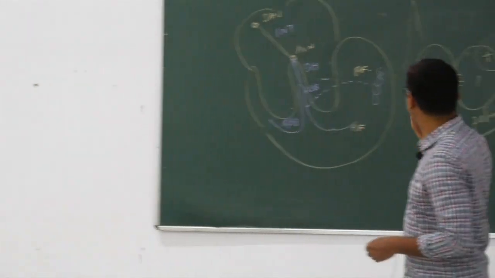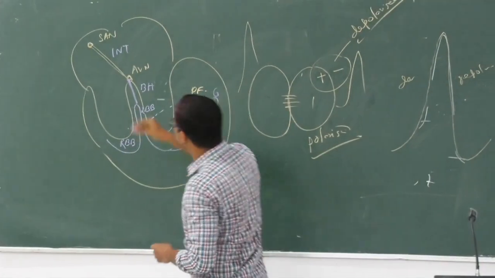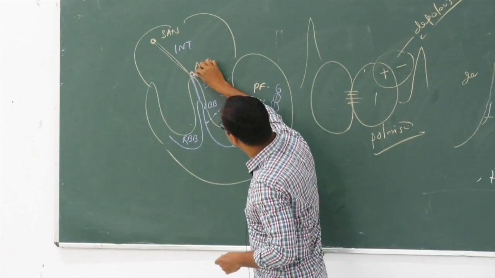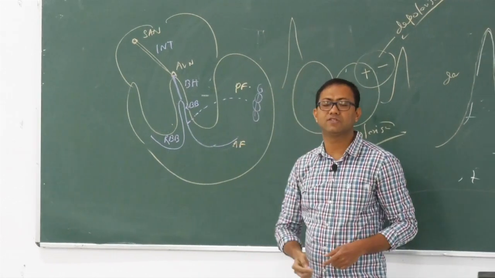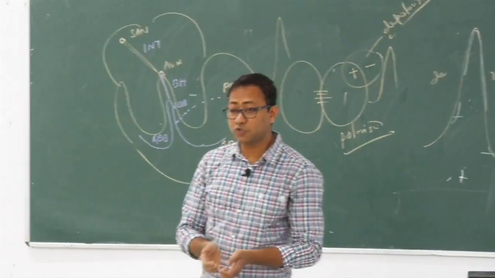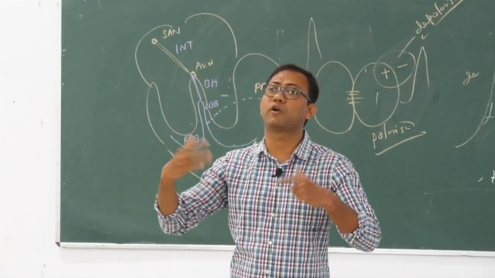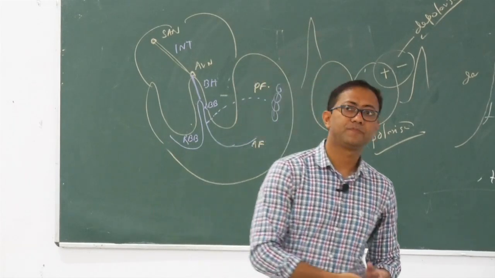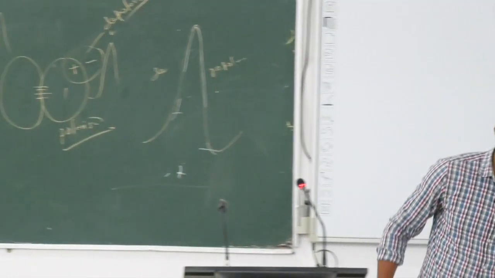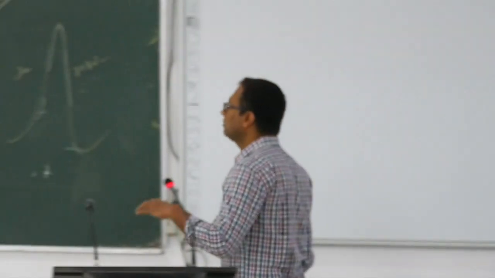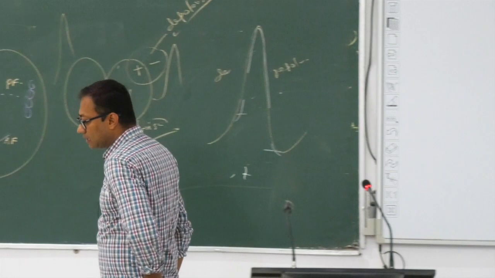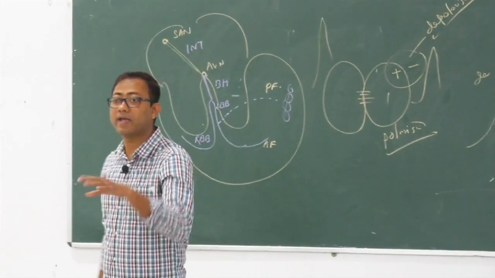So similarly, the SA node, AV node, bundle of His, right bundle branch, and left bundle branch are all conducting tissues, and they are nothing but modified myocytes. Why modified?